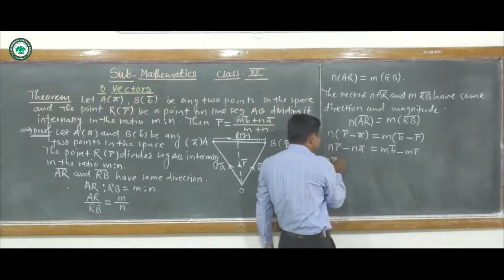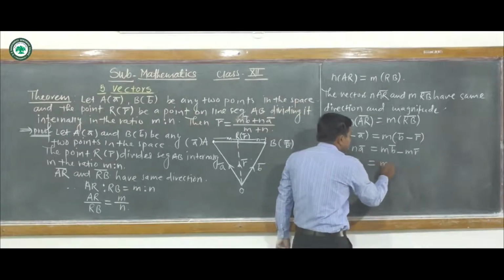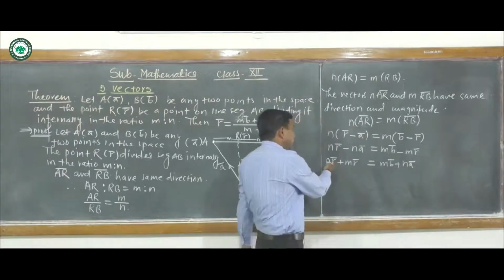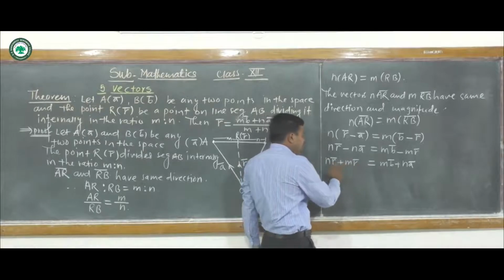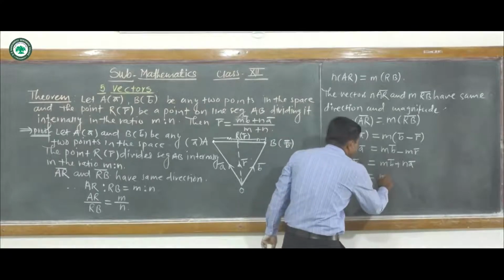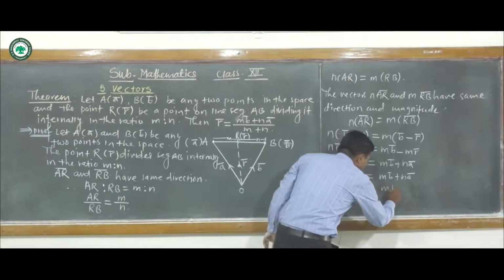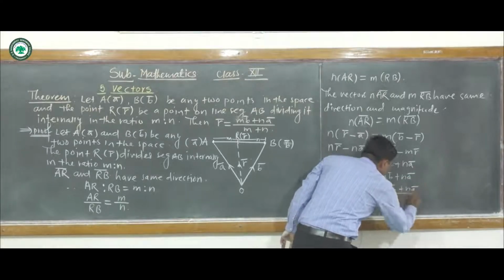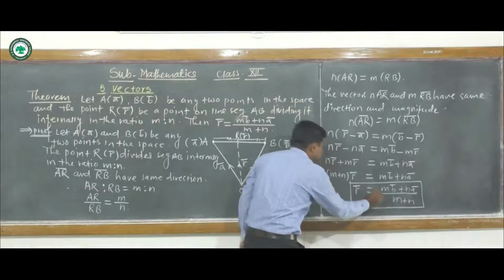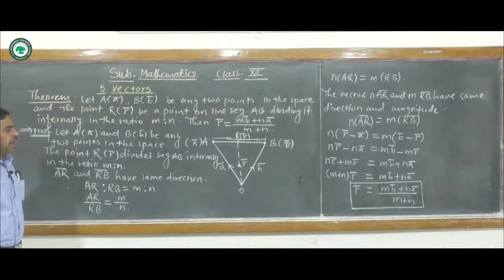So we get n into vector R plus m into vector R is equal to m into vector B plus n into vector A. Take n into R bar and m into R bar, R bar is common in both the terms, so we get (m plus n) into R bar is equal to m into vector B plus n into vector A. That is, R bar is equal to (m into vector B plus n into vector A) divided by (m plus n), and that is what we want to show. This is the proof of this theorem. R bar is equal to (m into B bar plus n into A bar) divided by (m plus n).